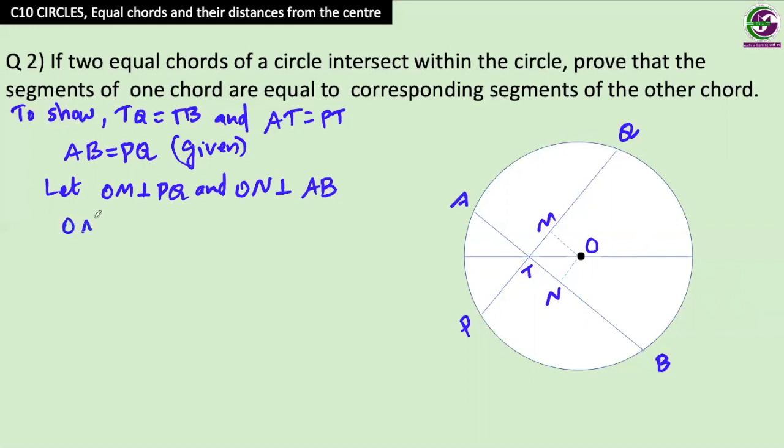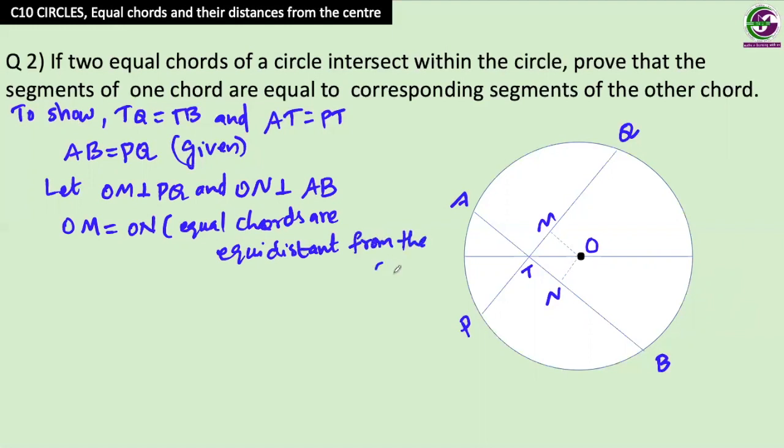So OM is equal to ON by theorem: equal chords are equidistant from the center. So OM is equal to ON.